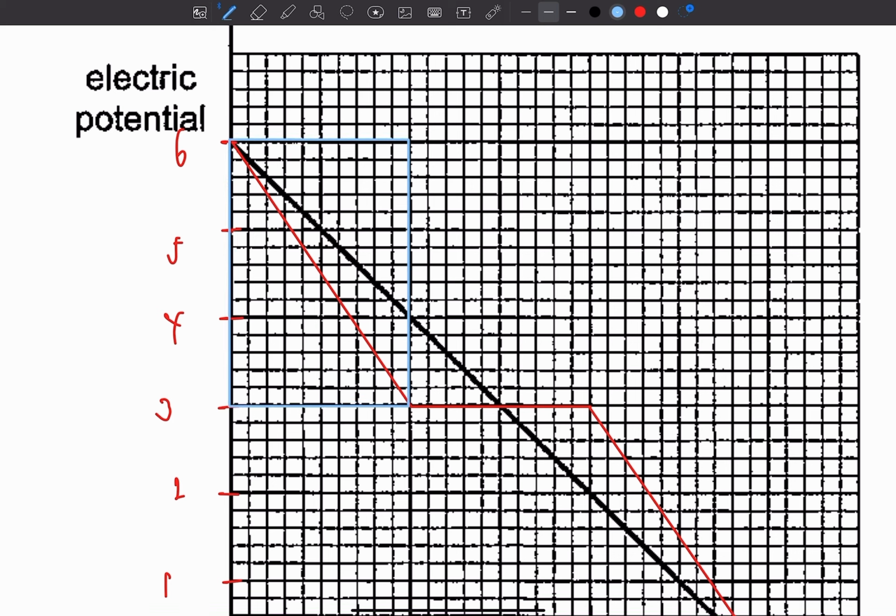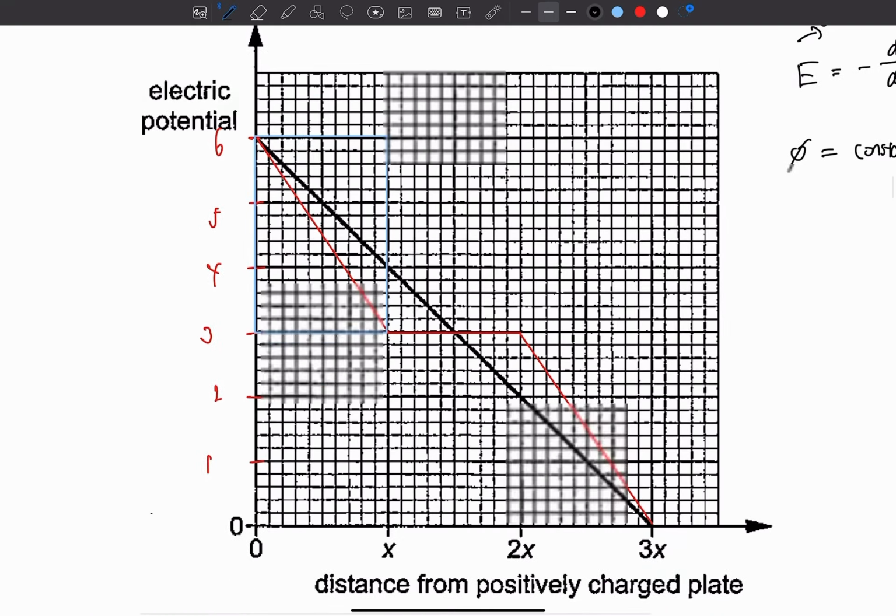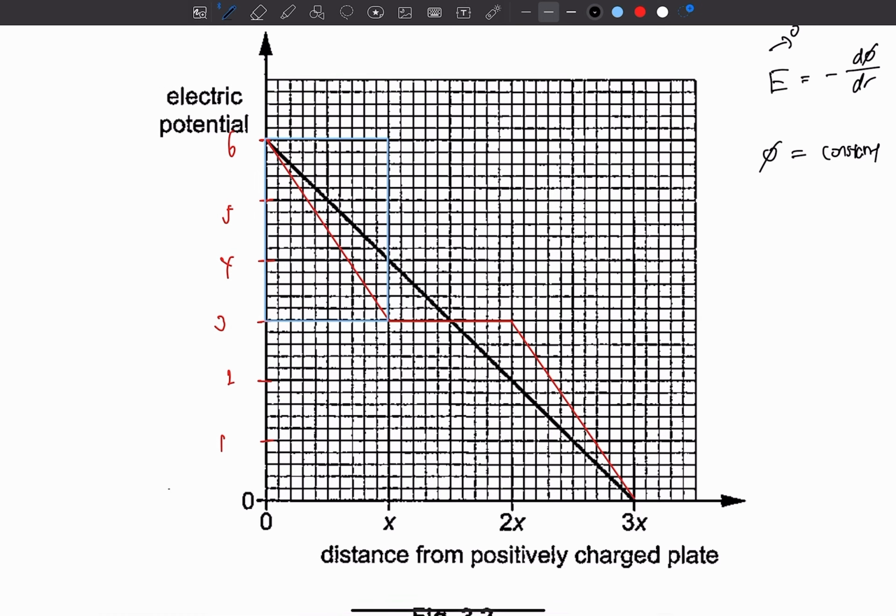If you were to look at the black line and try to find the gradient of this line, sorry, let's just change this to V. The gradient of the black line would be 1/3 of V over X.